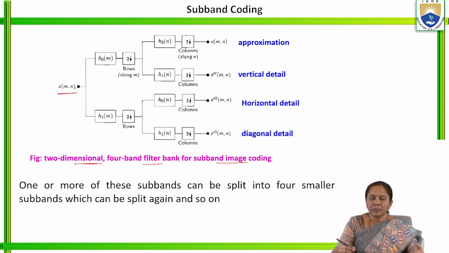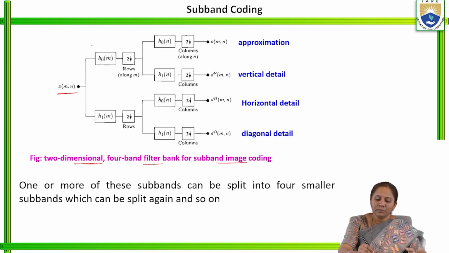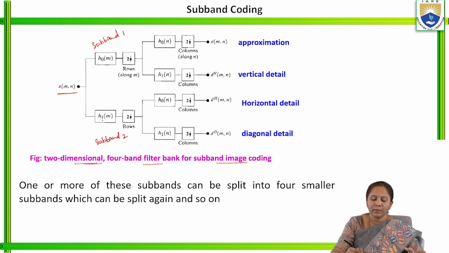Here you can see x of m comma n, which is a two-dimensional input, and it is divided into two subbands, that is subband 1 and subband 2. It has filters H0 of m and H1 of m, and it will be downsampled by a factor of 2. After that, the output we get is again divided into two subbands.